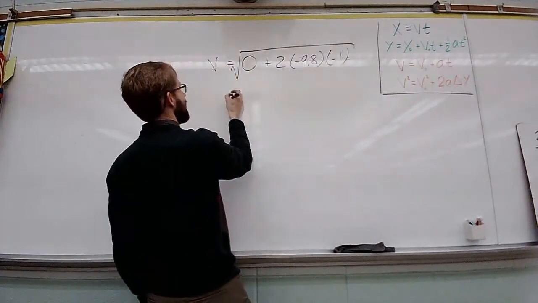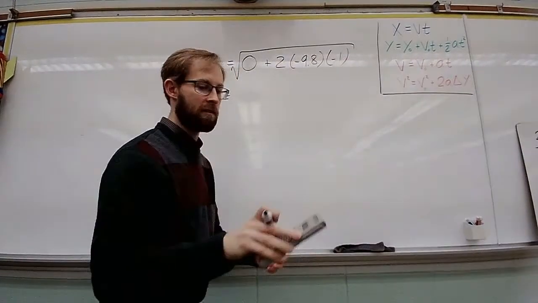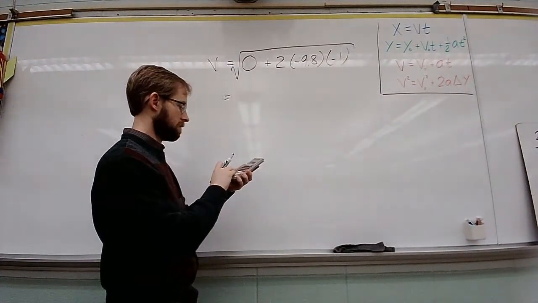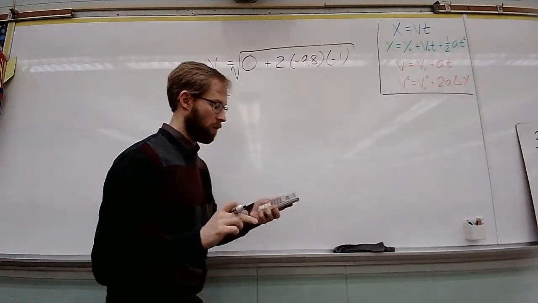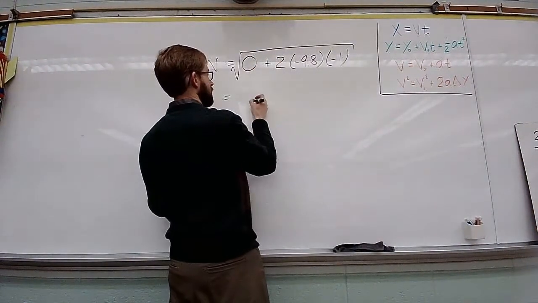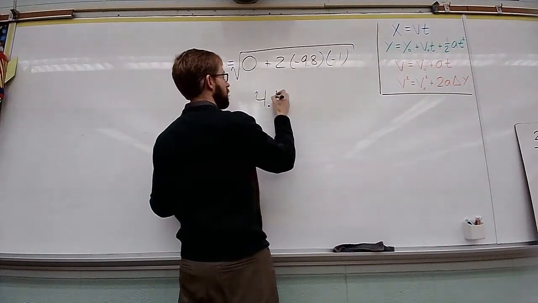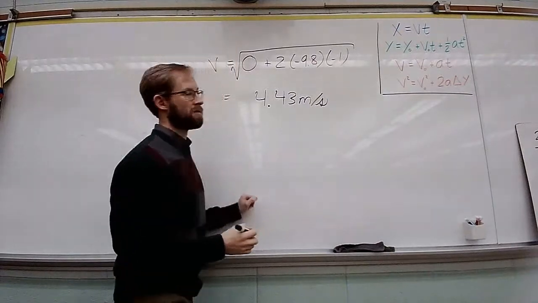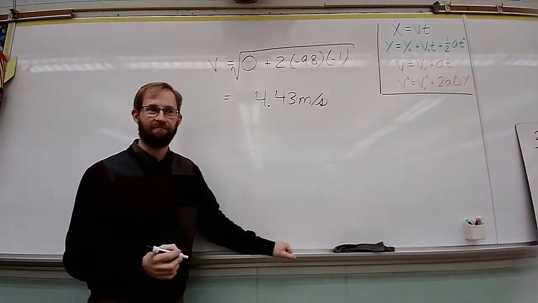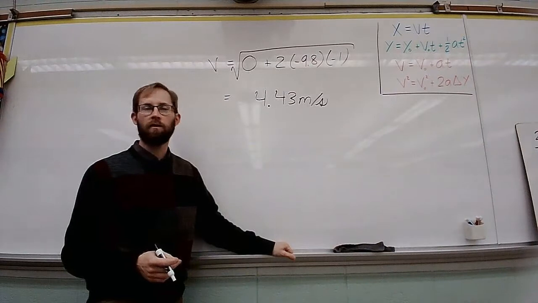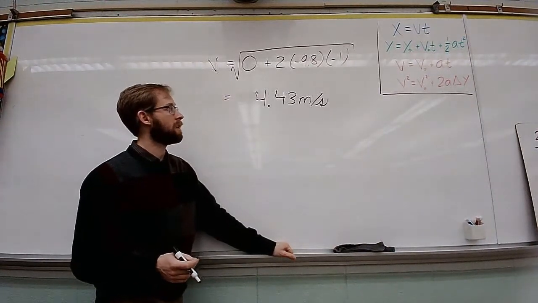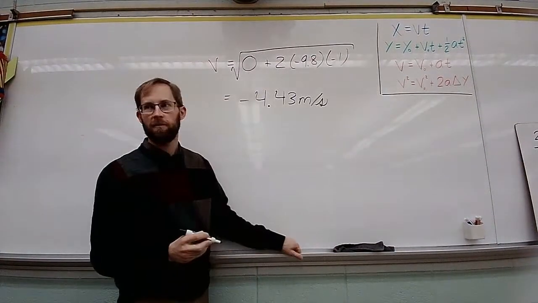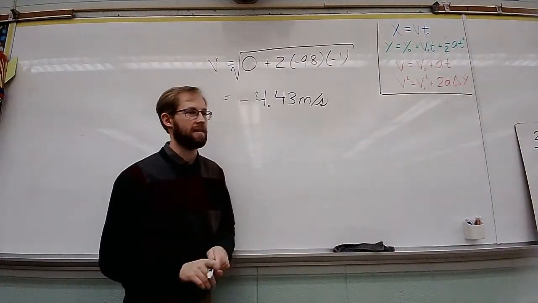And once you do that, you're going to end up with your answer, which is 4.43. Now, of course, this comes out of your calculator as a positive number, but remind me what goes on under the square root. Yeah, whenever you take a square root of something, the answer can be plus or minus. Because the vertical velocity is downward, this is a negative. Questions on that?